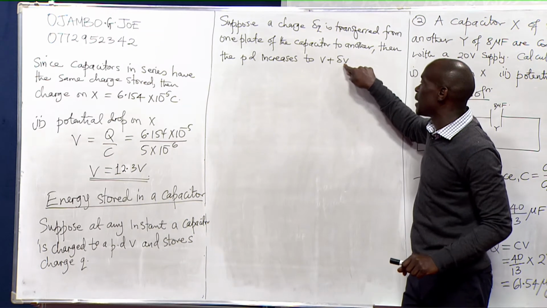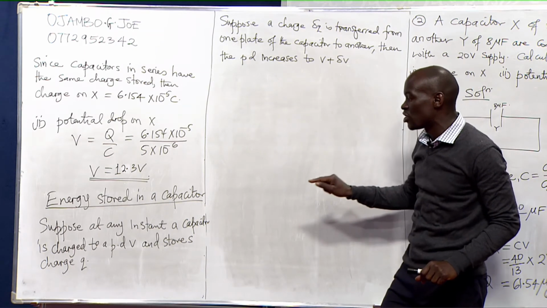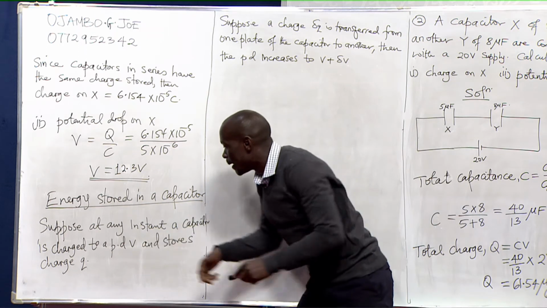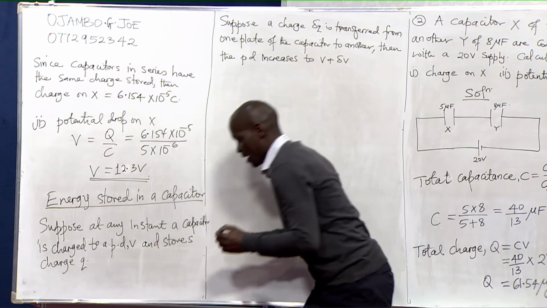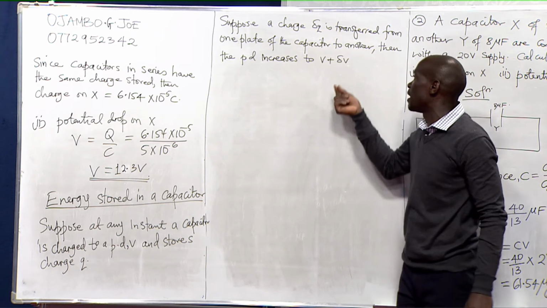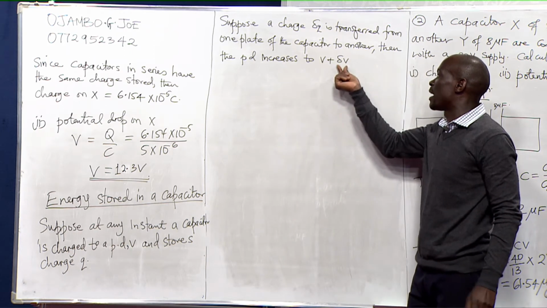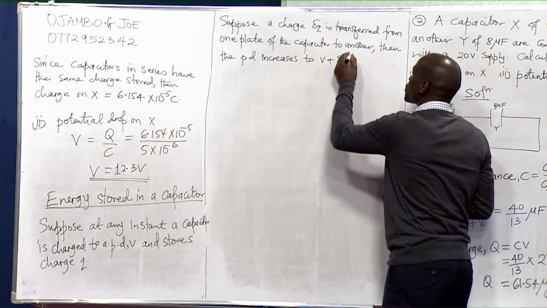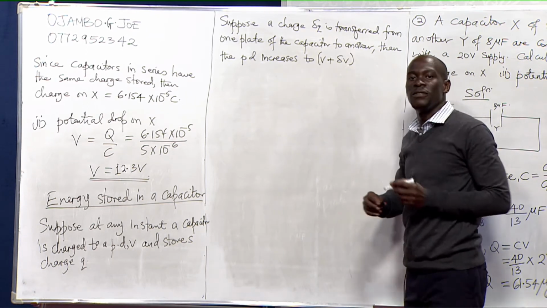Remember, initially it was charged to a PD V. Now we have more dq transferred, implying that even the PD will increase by that. So the total PD now becomes V plus dV.